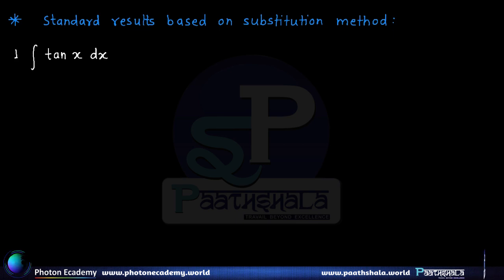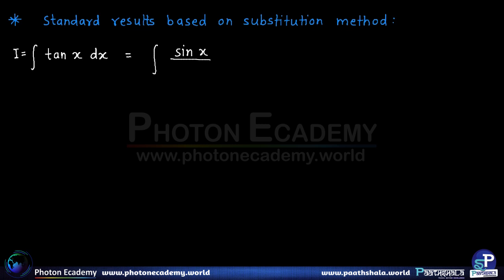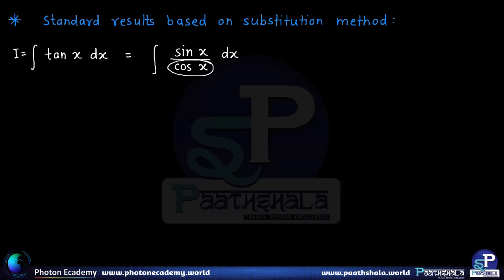Alright, let's call this integral I. Now we can write tan x as sin x upon cos x dx. To integrate this, if we think of cos x as t, that is, if we substitute cos x with t, the derivative of cos x is minus sin x, but we have just sin x in the numerator, so it's not difficult to adjust the minus sign.